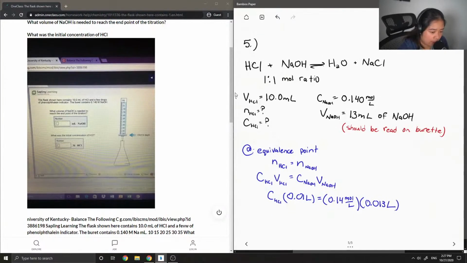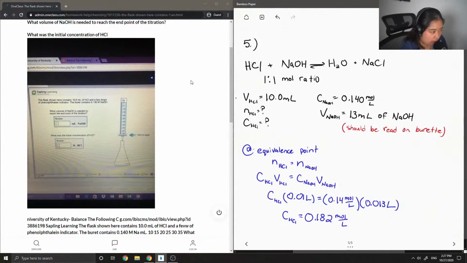And then my liters should cancel out. And my concentration of HCl for this question hypothetically is 0.182 moles per liter.